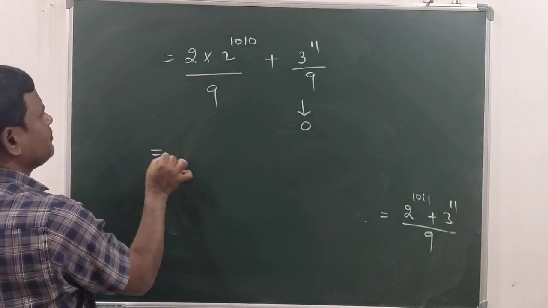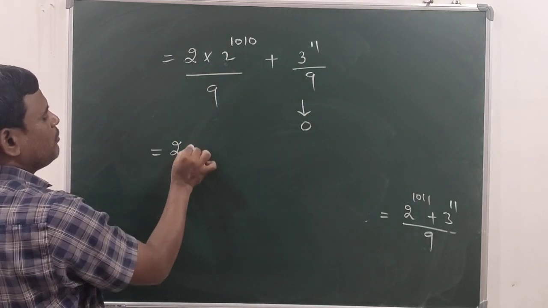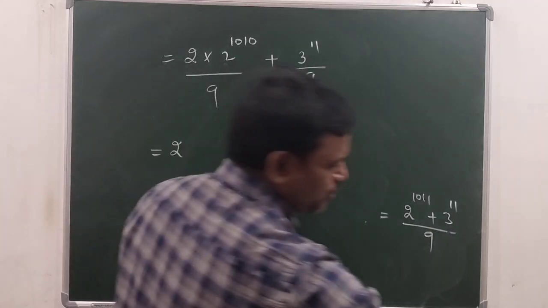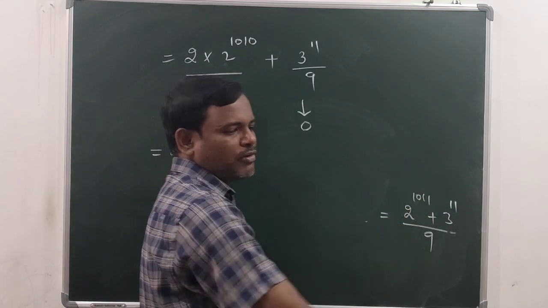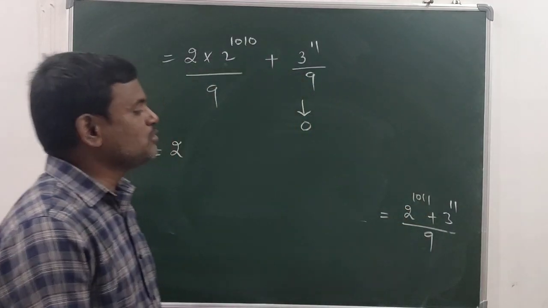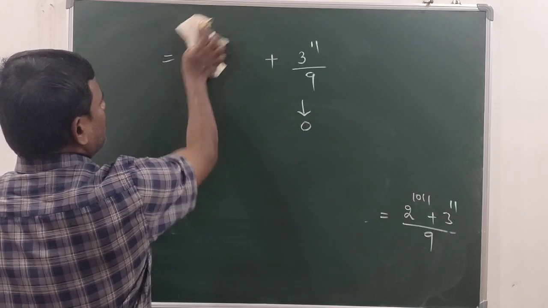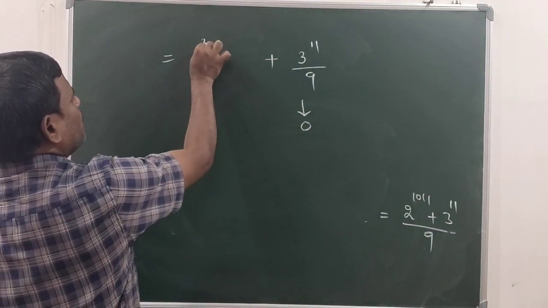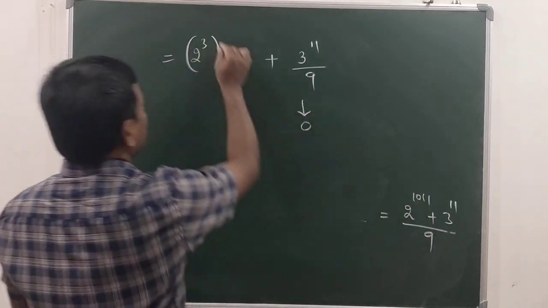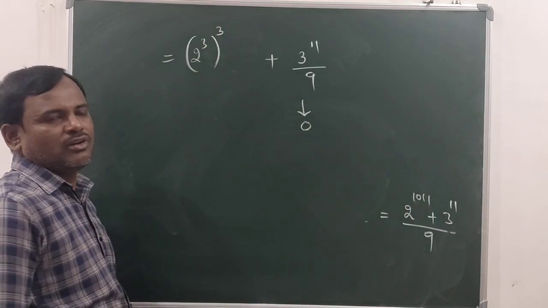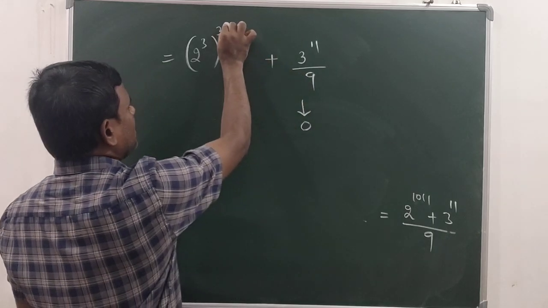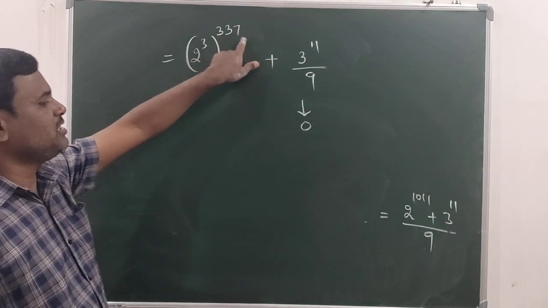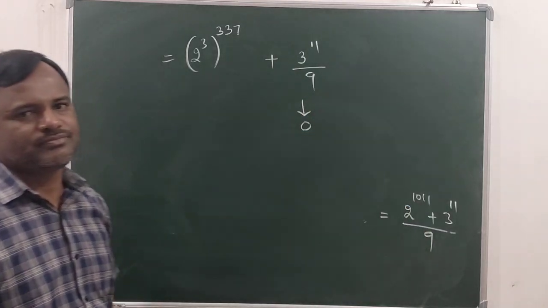So keep it aside, 0 only. Now think about this. 2 power 1011: 1011 is a multiple of 3, so you can write 2 cube. 3 threes are 9, 3 sevens are 21, so 3 into 337 becomes 1011.